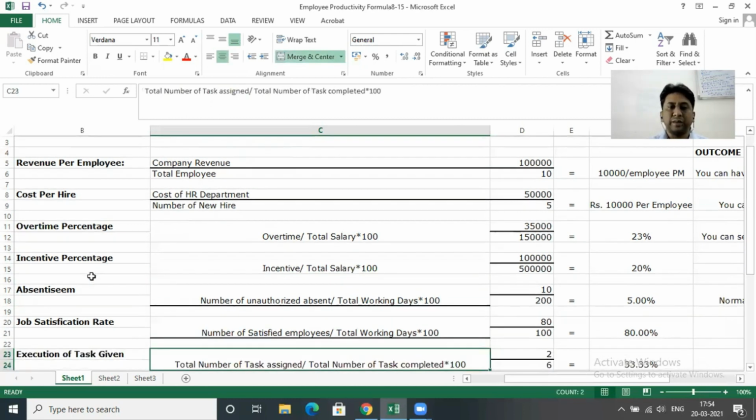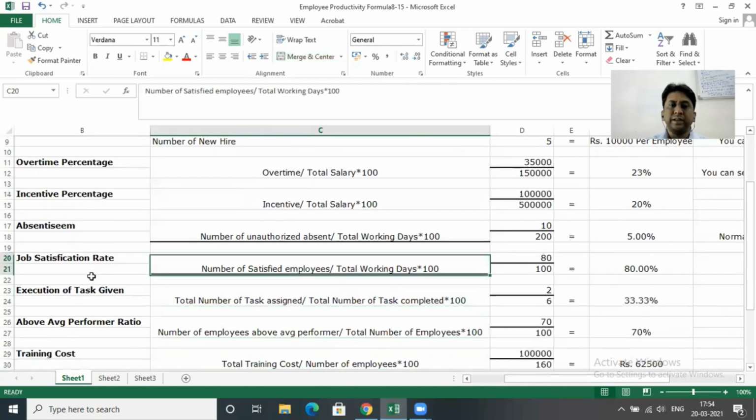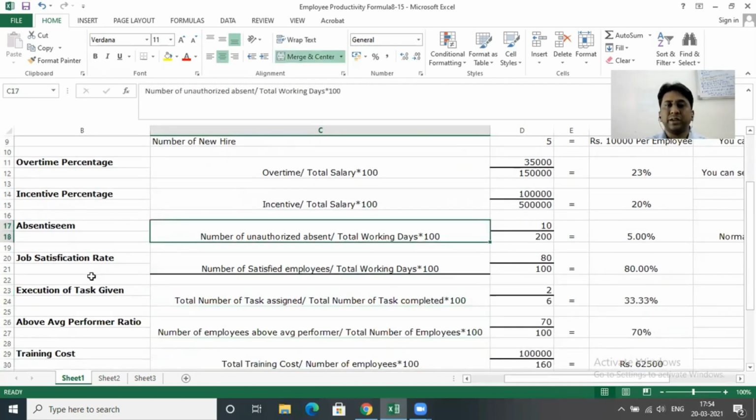Now absenteeism. See here, absenteeism means unauthorized absenteeism by the employee. If he has taken unauthorized leave, you have to calculate that in a month or in a year or half yearly, divide by his total working days in that period, whatever criteria you have decided, into 100.